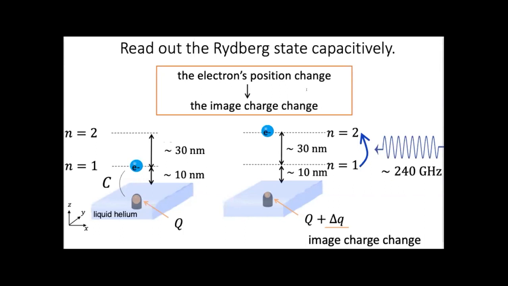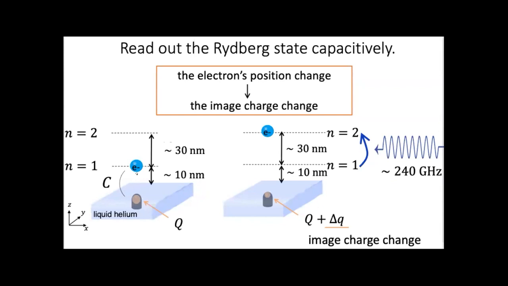So I would like to show you how we can read out one of the quantum states of an electron on helium. Let's consider this situation again. We have the cylindrical electrode here, and when the electron is in the Rydberg ground state, the electron position is 10 nanometers away from the surface of liquid helium, and this electron induces some amount of image charge on this cylindrical electrode.